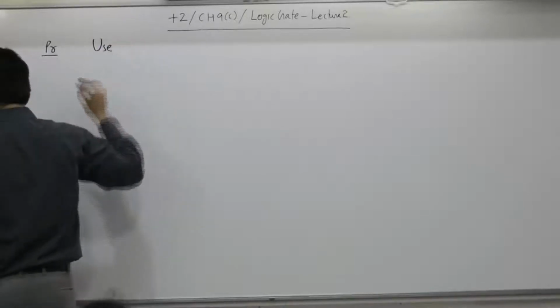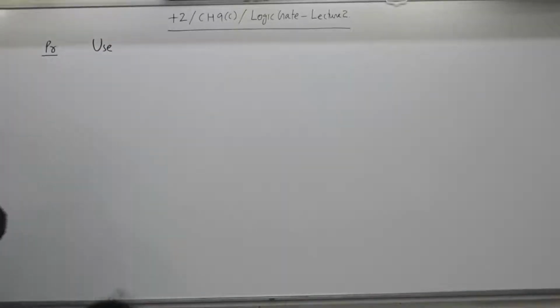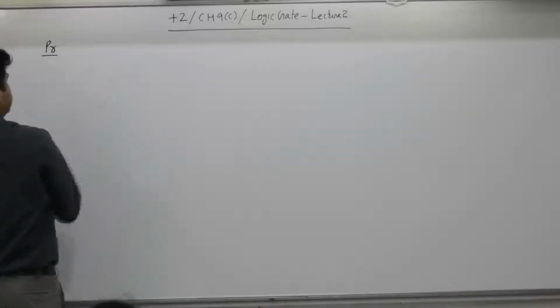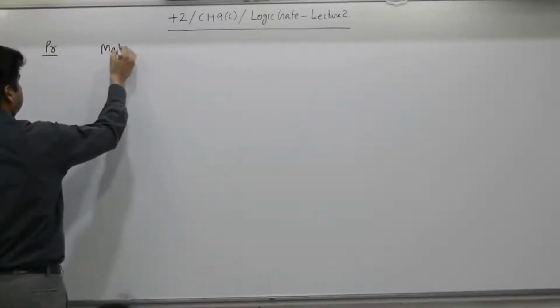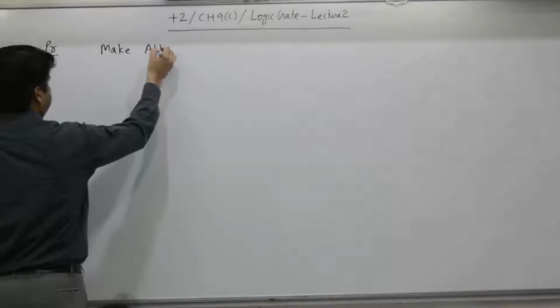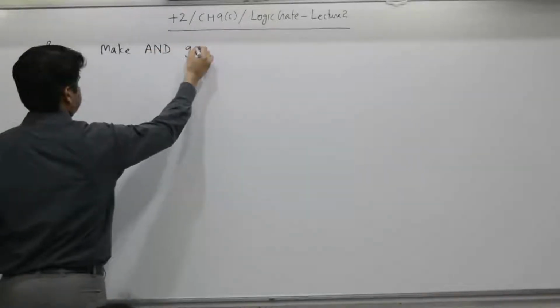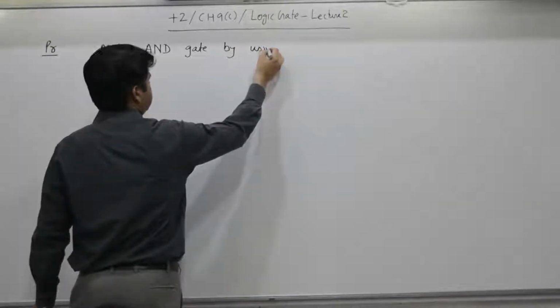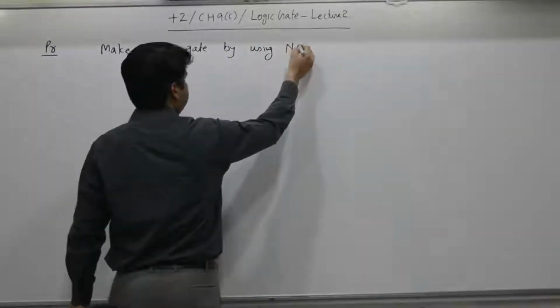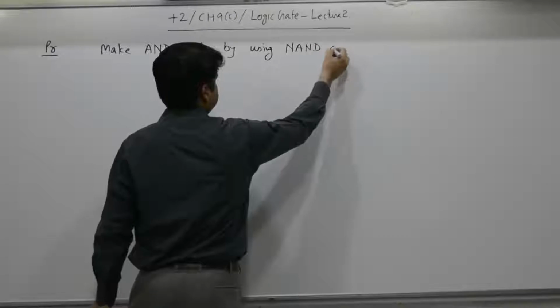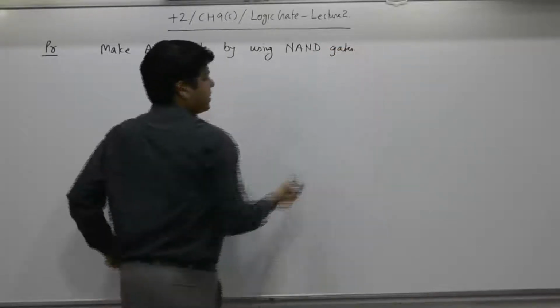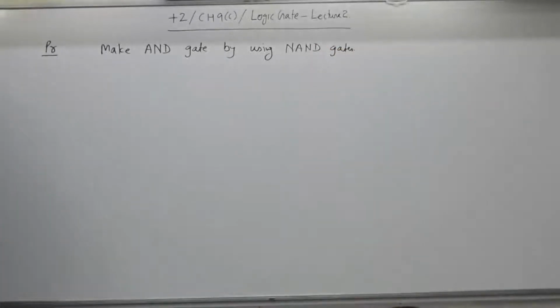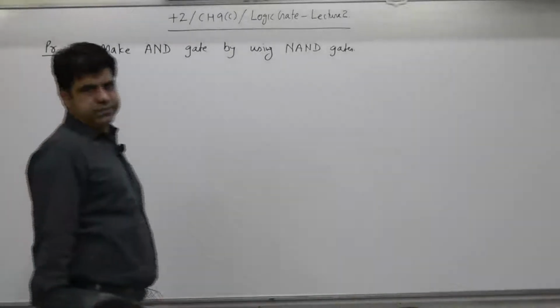Make AND gate by using NAND gates. मतलब मार्केट जाओगे, you will purchase 10, 20, 30, 15, any number of NAND gates, basic unit.